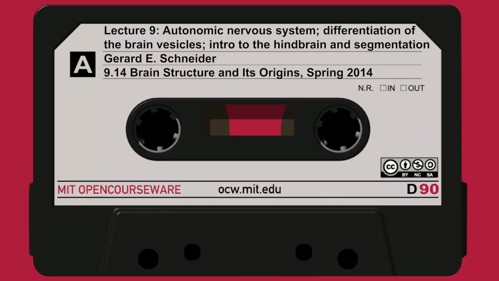Very early, you get these sharp bends at the cervical level. This is the cervical flexure here. And there's the mesencephalic flexure. Okay? So they're both concave downward. Okay?